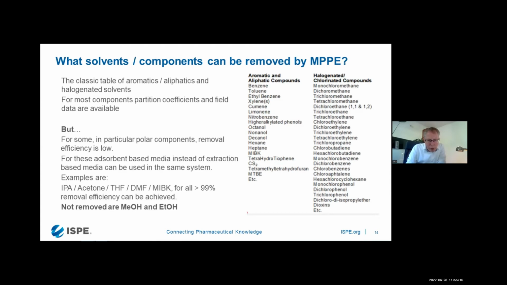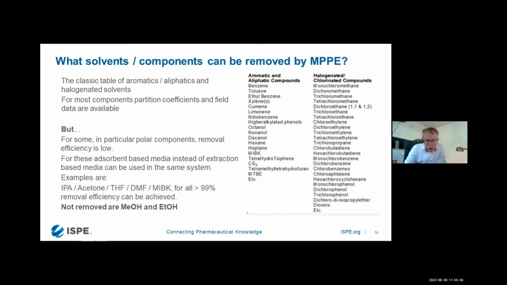So for the polar components, what we have done over the past years, some examples are IPA, so isopropyl alcohol, acetone, THF, DMF, and all these components are typically removed at more than 99% efficiency.